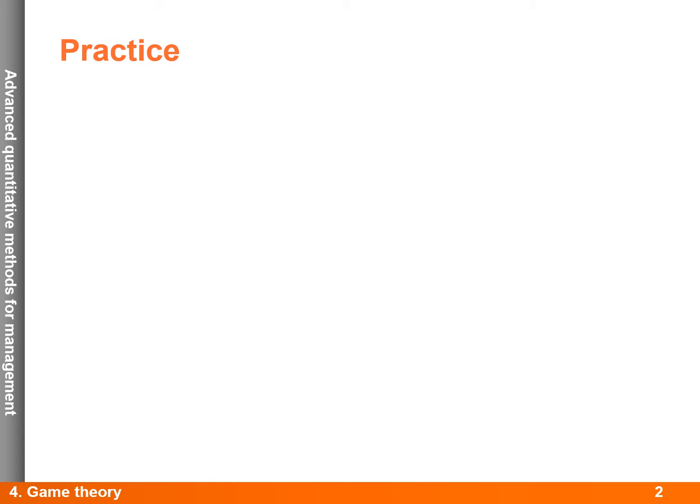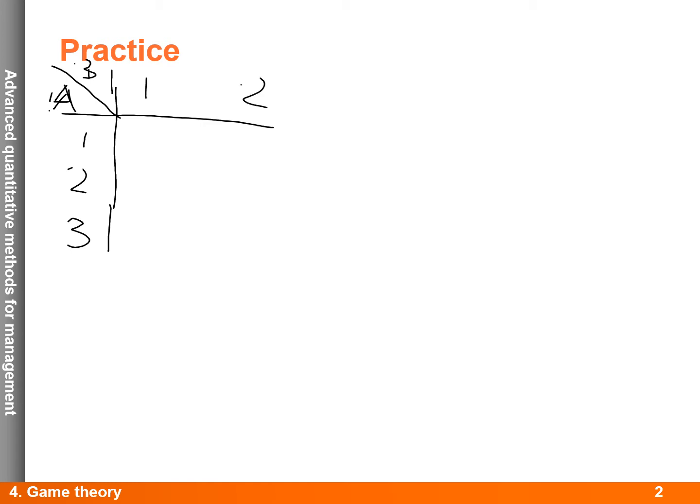Let's think we have a game something like this. Strategies 1, 2, and 3 on one side, and 1, 2 on the other. Here our player 1 is A, and our player 2 is B, and player 2 has two different strategies.